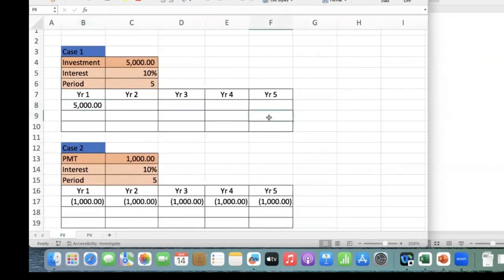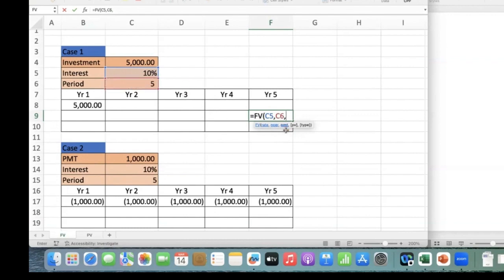I should expect the future value of this 5,000 rupees or dollars. How to calculate that? Equal to FV, opening bracket, rate multiplied by NPER, which is the period. So period is 5.